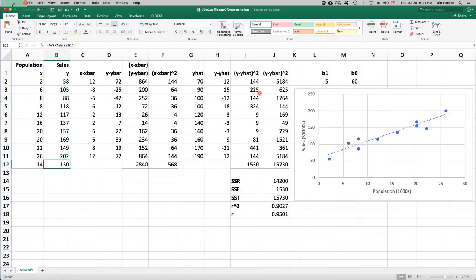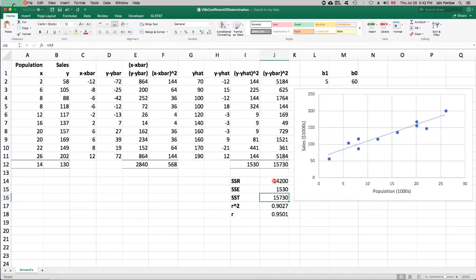So that's what y minus y bar represents. It represents, if you like, the error that we would have if we just used y bar to estimate y. So we can square and add those up as well. That comes to 15,730, and that's called the total sum of squares.